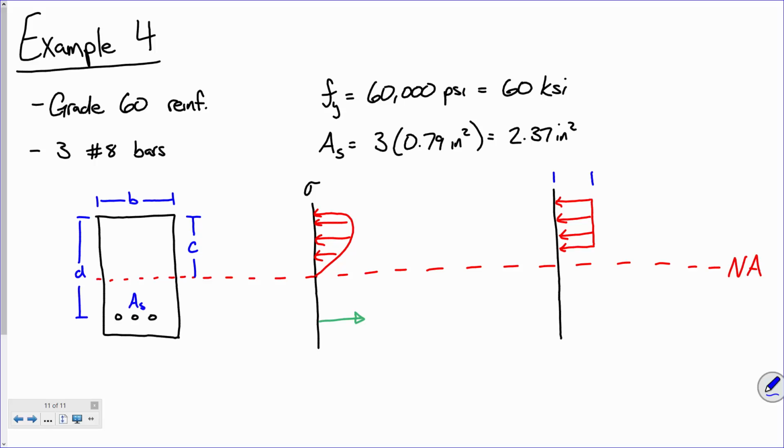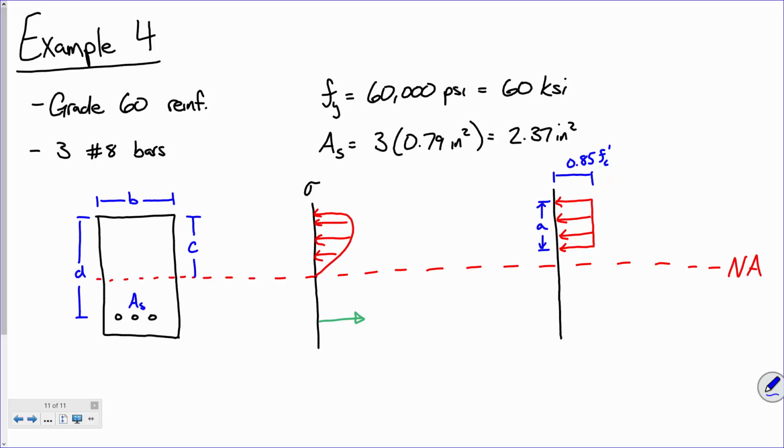How wide is this curve? It is 0.85 FC prime. For now, all I care about that you understand is how tall this curve is. And what is the term for how tall? We say it's A.